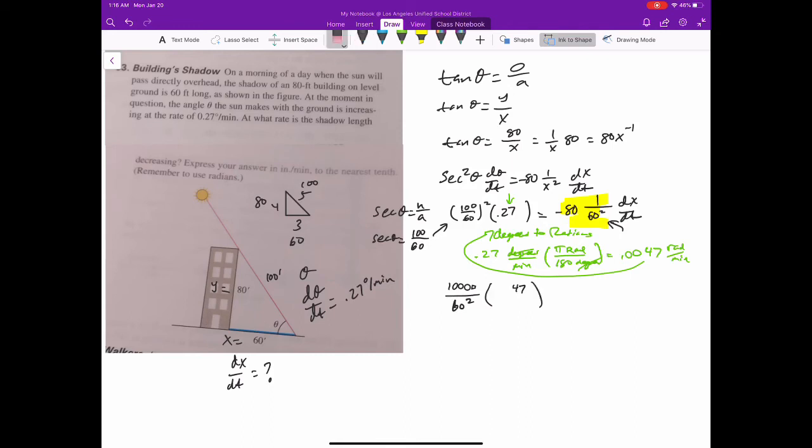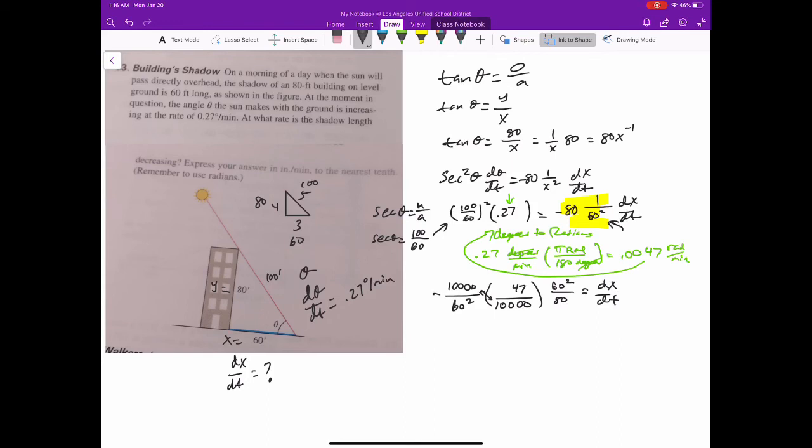So we're going to move some decimal points over, we had 4 decimal places: 1, 2, 3, 4. And as you can tell, these are going to divide out. Be a little cleaner. We're going to move the values on the right side over, so it'll be 60 squared on top and 80 on the bottom. And then we're going to move that negative to the front. This equals dx over dt.